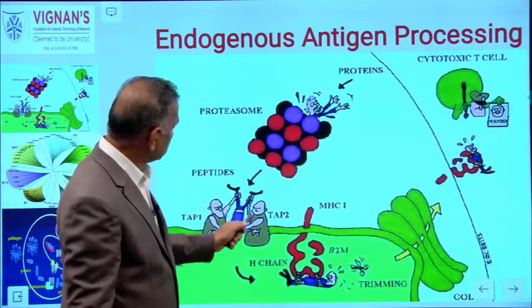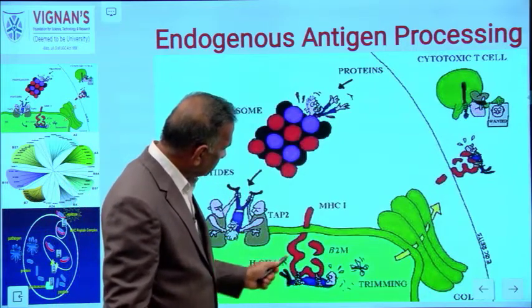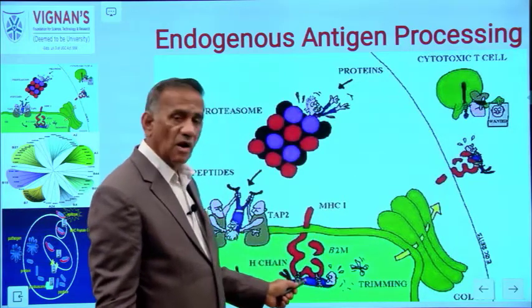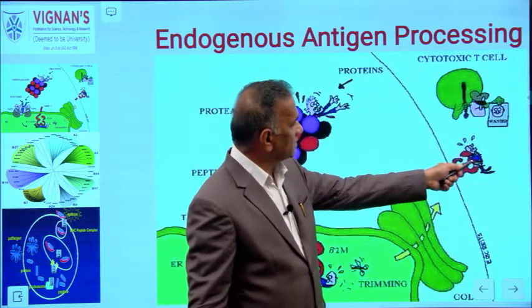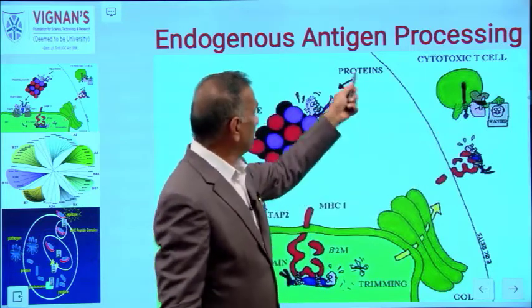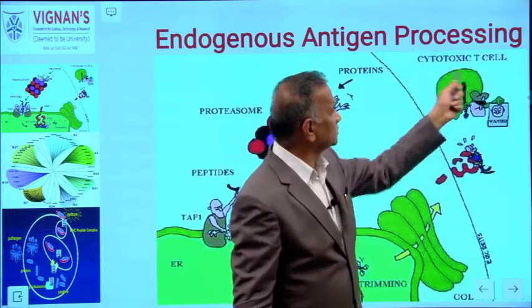Once through the transporter, the peptides come inside, and there is MHC class 1. To the MHC class 1 they get bound. Once they get bound, they get released to the outside as MHC class 1 presenting the peptide of this protein that is taken. So this presentation goes to the cytotoxic T lymphocyte.